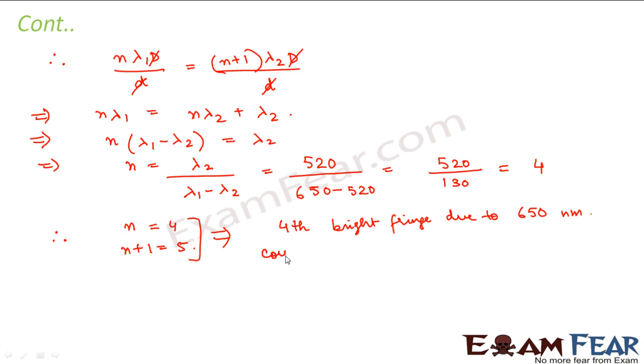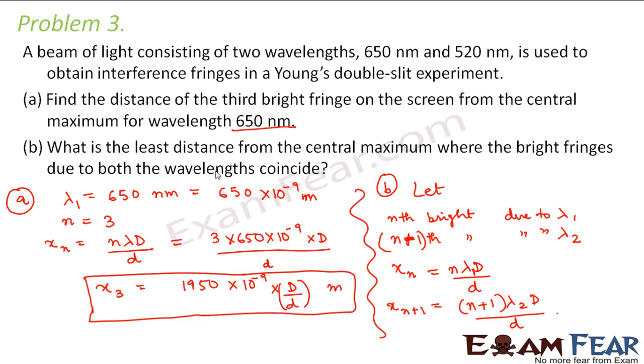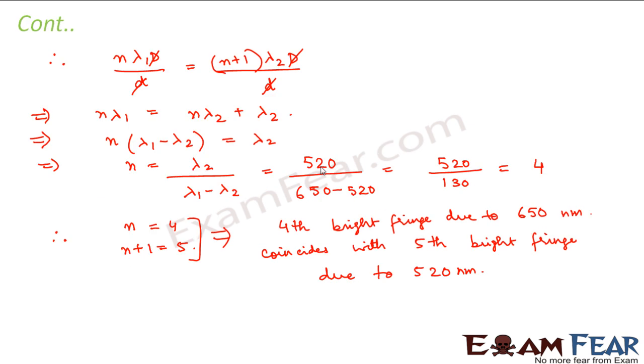Due to this wavelength coincides with n plus 1th, that is with 5th bright fringe due to 520 nanometers. Right? So what was the question? The problem asked us to find out the least distance from the central maximum where the bright fringes will coincide. So let us calculate the least distance. Least distance is nothing but xn.